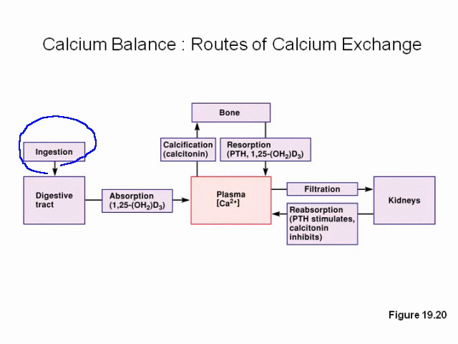But of course we ingest calcium, comes into our digestive tract. It actually is going to be absorbed through the vitamin D3, which needs to be activated in order to allow us to absorb calcium. And then we have a certain plasma concentration of calcium.